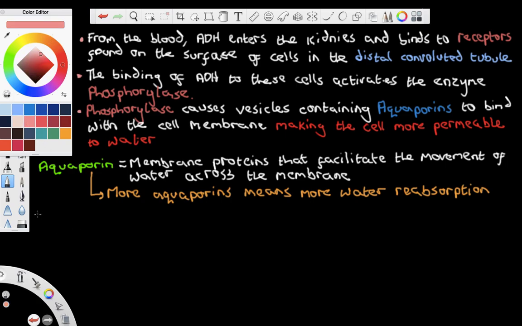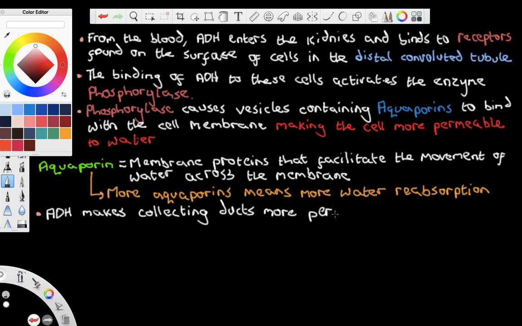So ADH, we can say as our next bullet point, ADH makes collecting ducts more permeable to urea, so it is taken away more quickly.